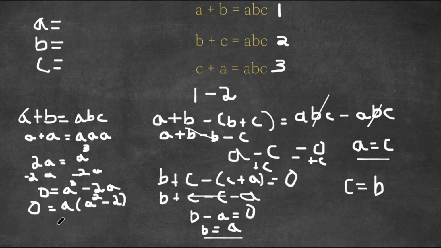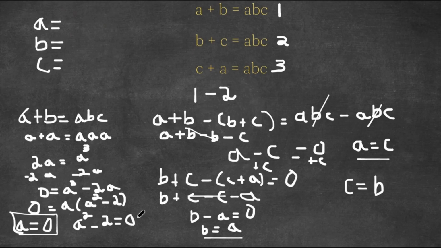So now this gives us two equations. We have a equals 0, which is one solution. And we also have a squared minus 2 equals 0.